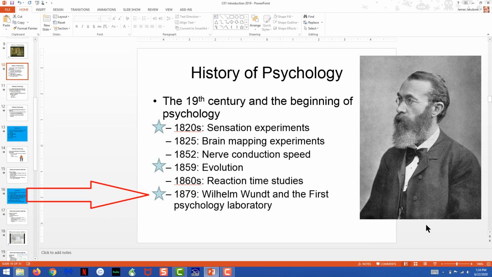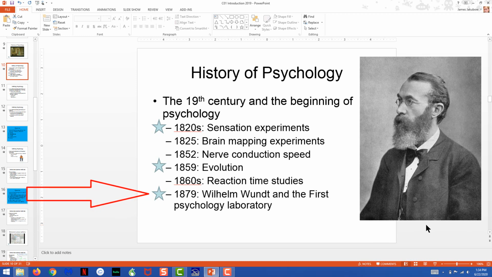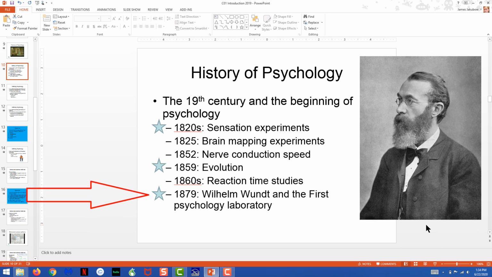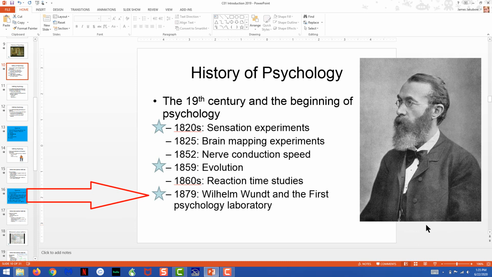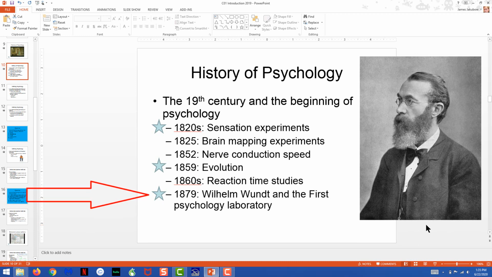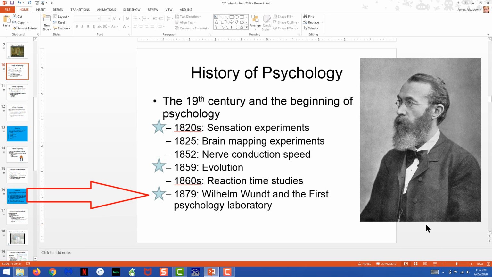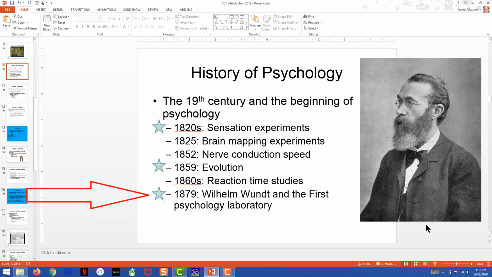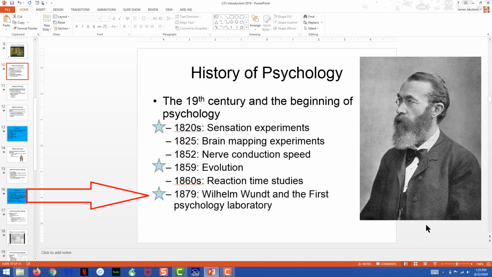In Wundt's case, as he had difficulty finding work, he eventually took a position in the philosophy department at the University of Leipzig. At the university, in the philosophy department, Wundt was expected to study philosophy that had been around since the beginning of Western civilization, things like Aristotle and Socrates and so forth.